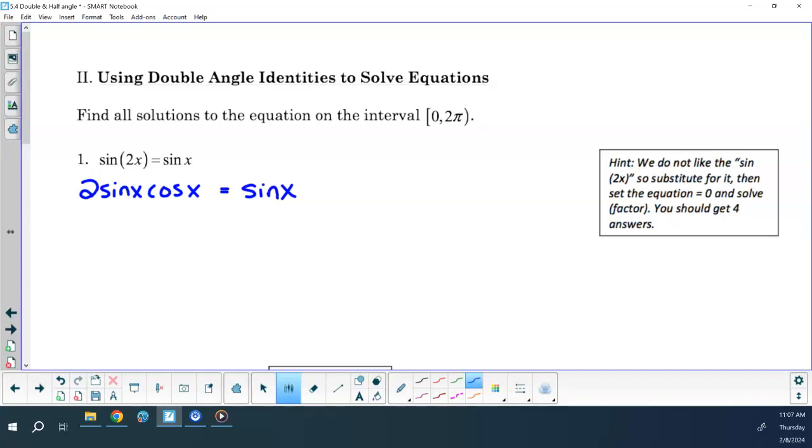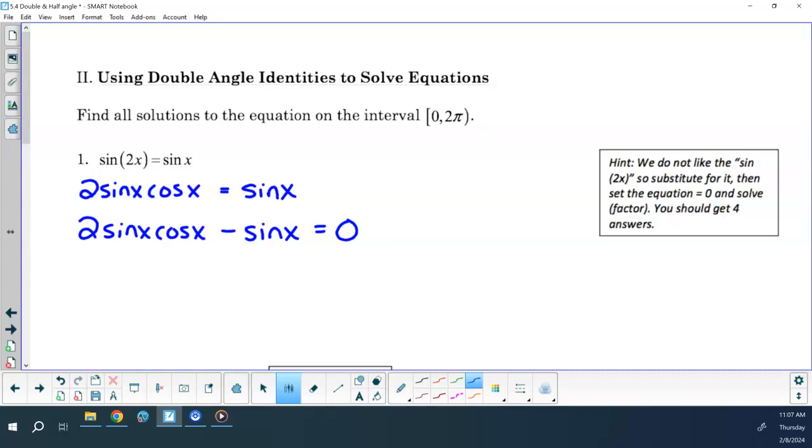Okay. What do you got? So we're going to subtract sine from both sides. So if I subtract sine from both sides, then I get 2 sine of x cosine of x minus sine of x equals 0. Now what can we do?